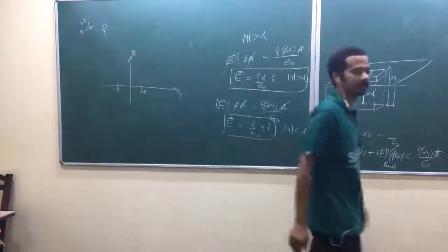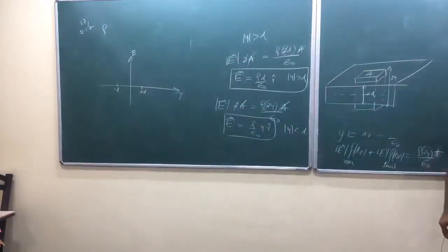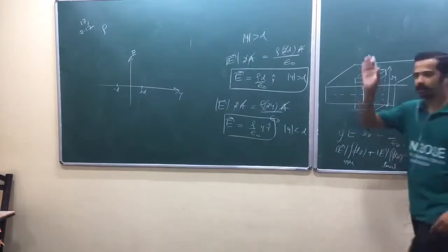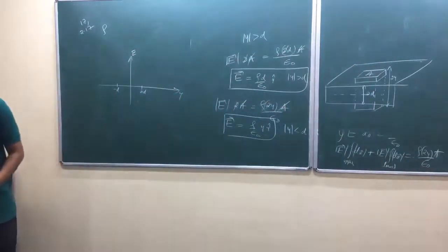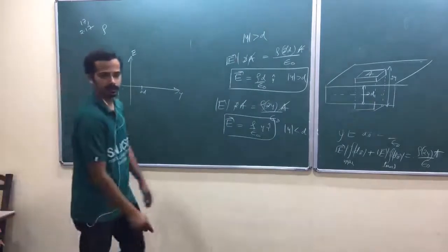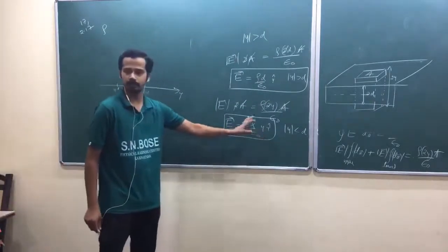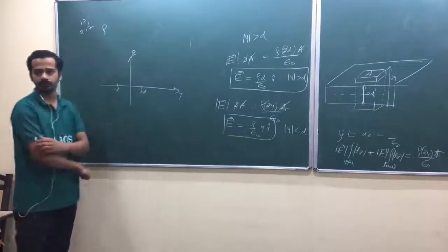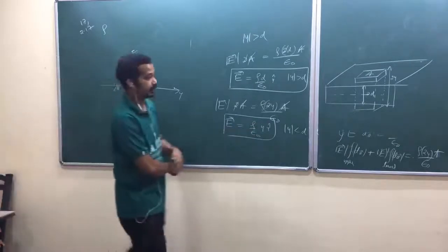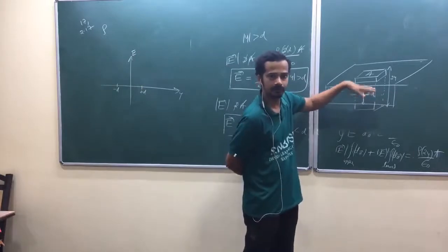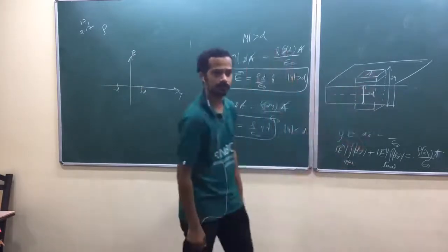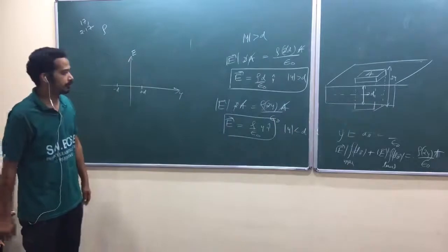Again, because of symmetry, the electric field will cancel out. Exactly in that xz plane. The xz plane is the middle plane of the whole slab, am I right? The xz plane means y equal to 0, right? At y equal to 0, your electric field is 0. So that argument he has taken. He ran one of the surfaces on the middle of the plane, but I am taking it symmetrically, so both will give the same answer.